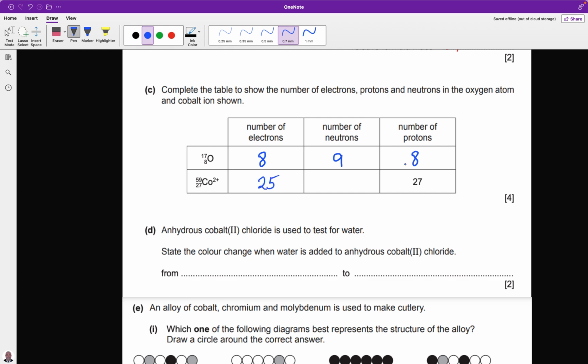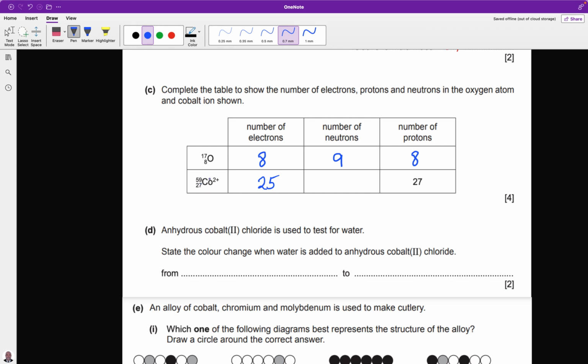Okay, now we are told that the proton number plus the neutron number will give us 59. We have the proton number to be 27 and the nucleon number to be 59.